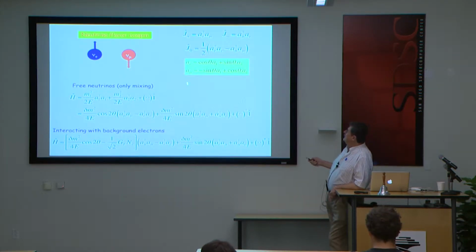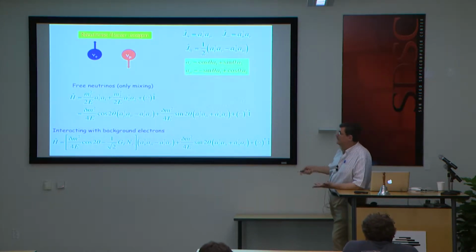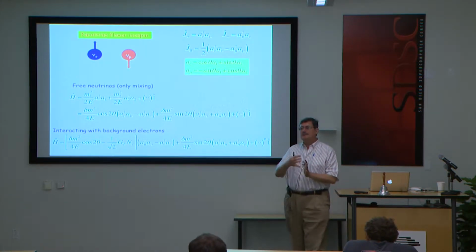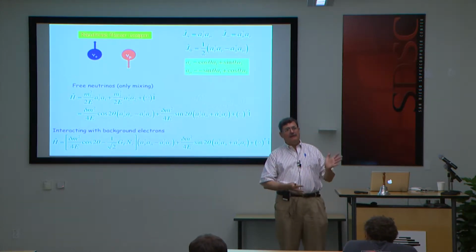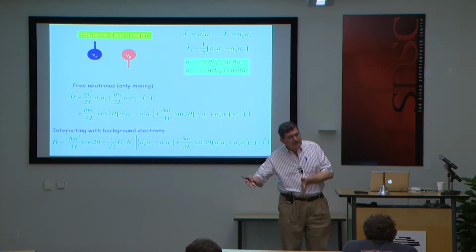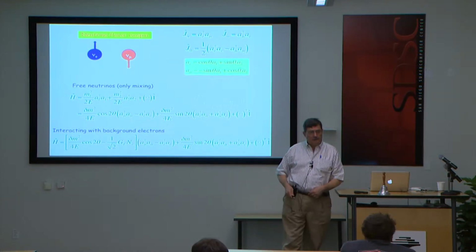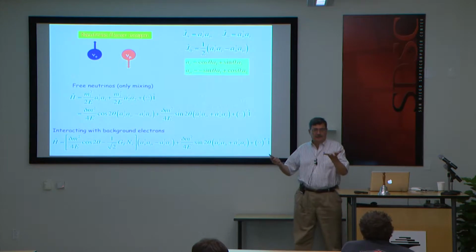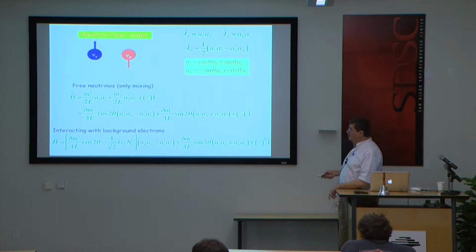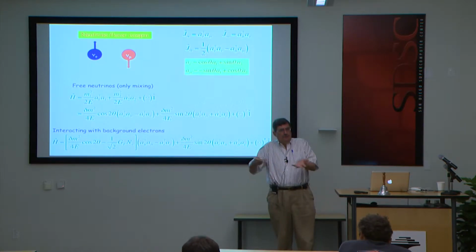If you want to go from the flavor basis to the mass basis, you just introduce the neutrino mixing of those operators in this particular way. Remember, typically when we write the neutrino mixing matrix, we write that in terms of spinors, which are given in position space. These are basically Fourier transforms of those spinors in momentum space, right? So you can write down a Hamiltonian that describes neutrinos using such operators.